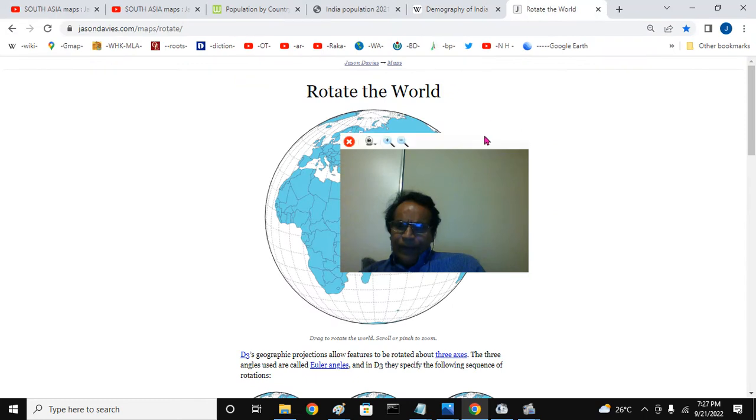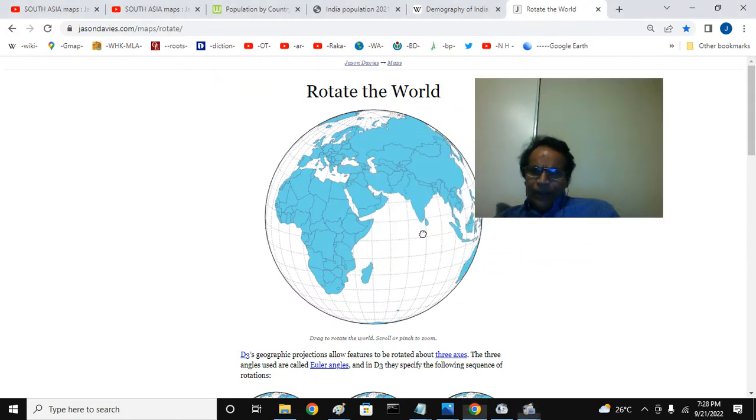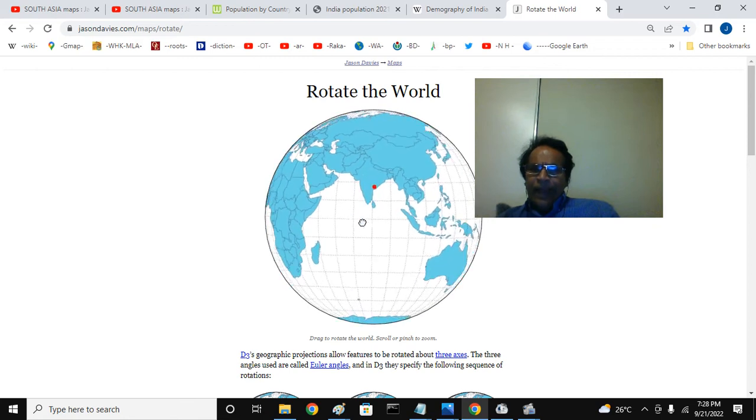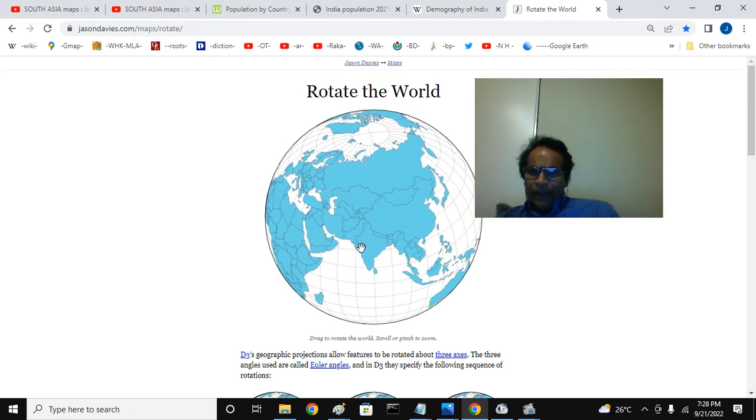So that is about India, one of the largest countries on the planet Earth, that has around 3.2 million square kilometers out of 150 million square kilometers of the land mass on the planet Earth.